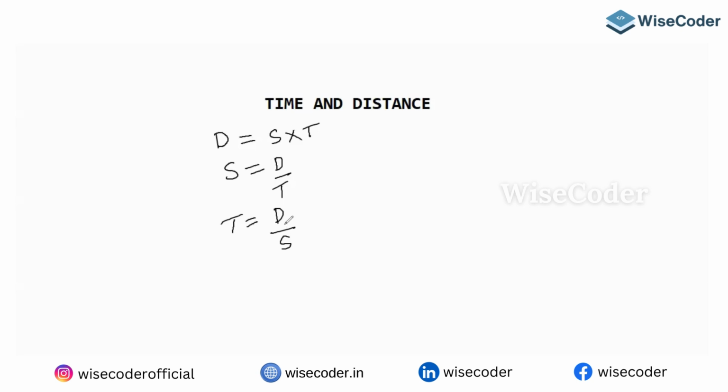One more point you have to understand here is that distance in this chapter may be in kilometers or meters, or miles also. But when you're solving GRE questions, all the questions will be in miles.